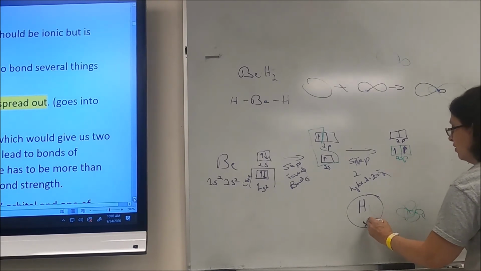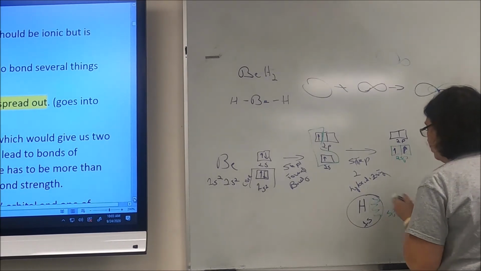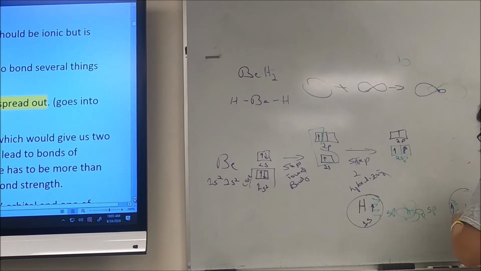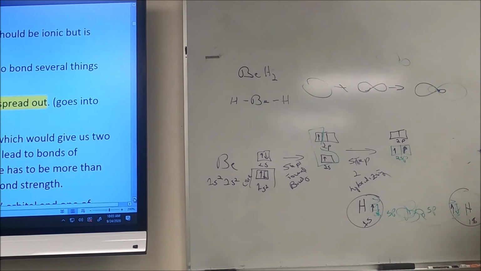So hydrogen here uses 1s, and beryllium uses an sp orbital to overlap. And here's that region of overlap, and that's where the shared electrons would be.